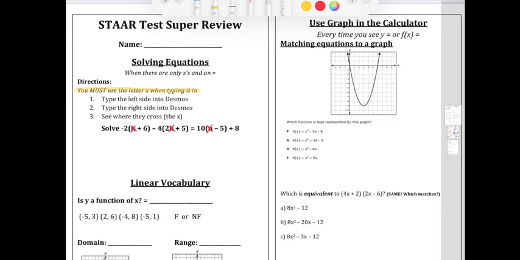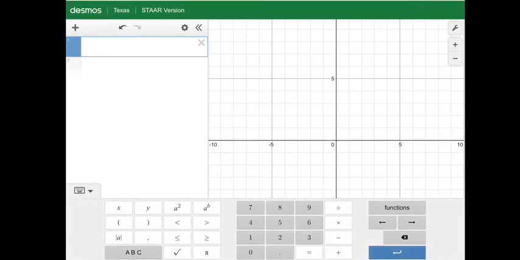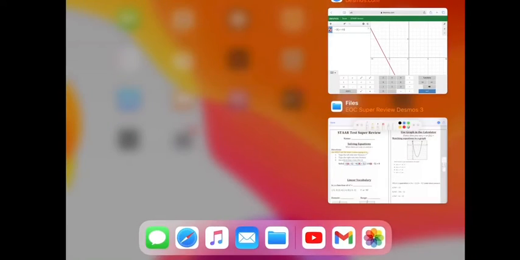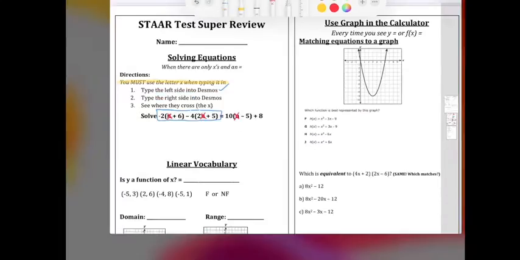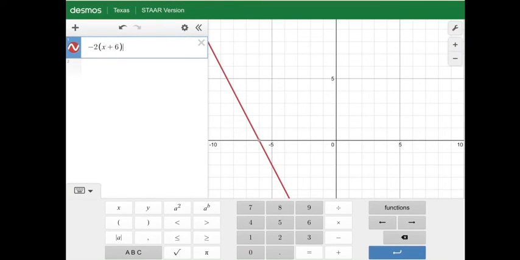So I'm going to go through, and instead of writing n, I'm going to write the letter x. So what I have here is this left side. I am now ready to type into Desmos. The left side says -2, open parentheses, x plus 6, minus 4, open parentheses, 2x plus 5.